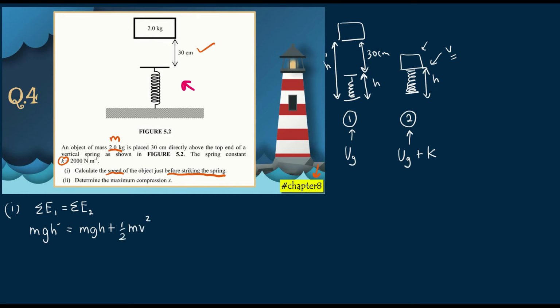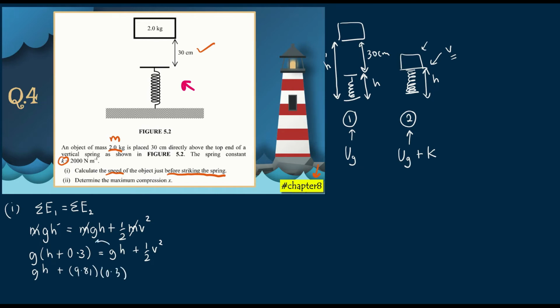To make it simpler, everything here has m, so you can cancel it out. So g h prime is equal to g times h plus 0.3. You need to convert 30 cm into SI units, 0.3 meter, so gh plus half v squared. Expanding the equation, you will have gh plus g, which is 9.81, times 0.3.